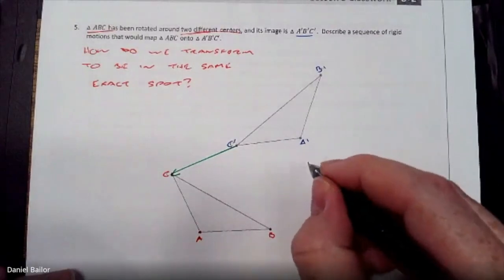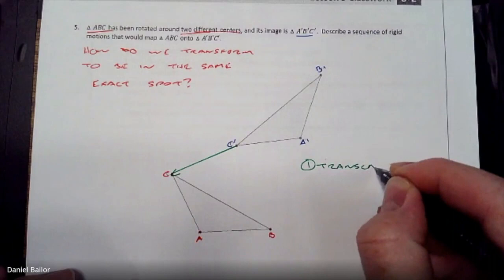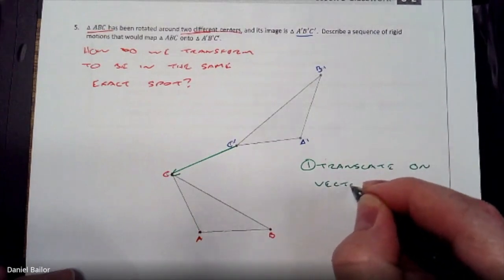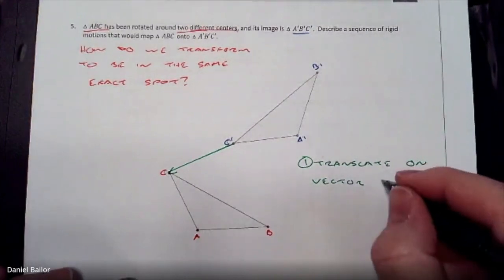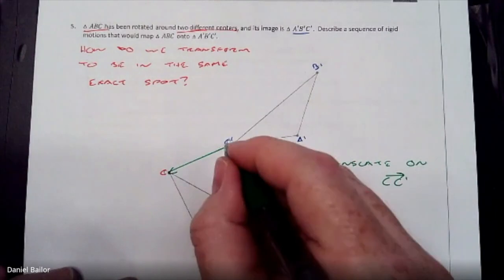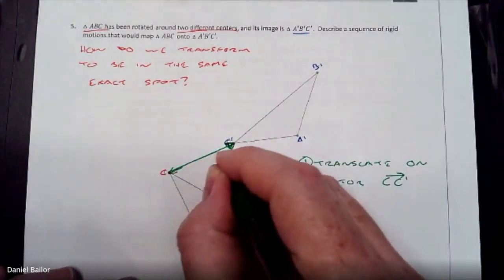So step 1, I would translate on vector C, C prime.